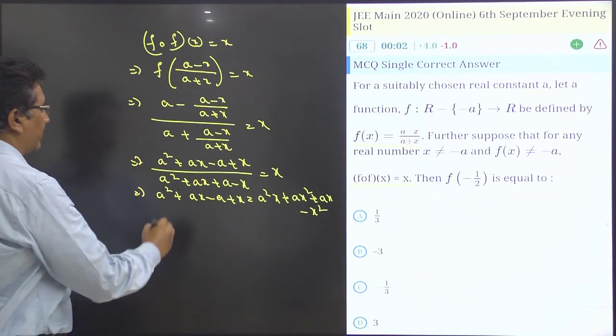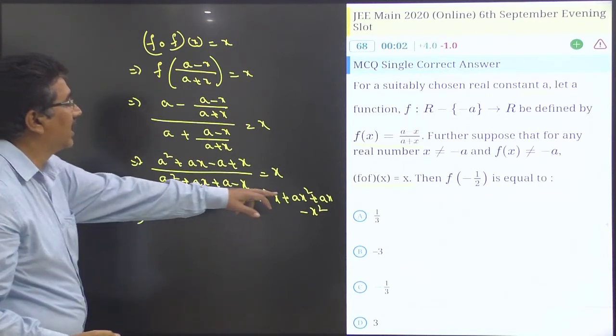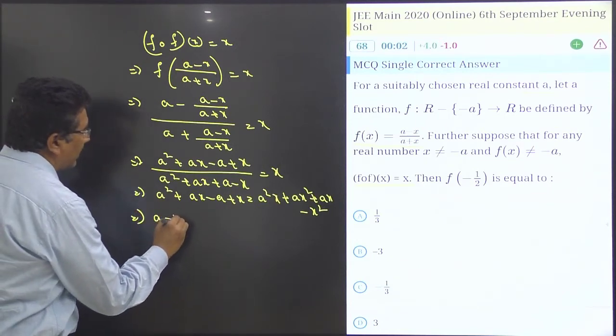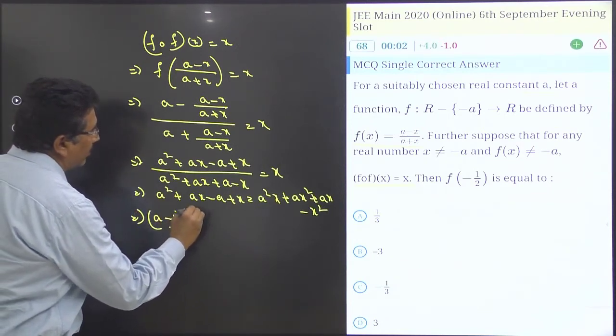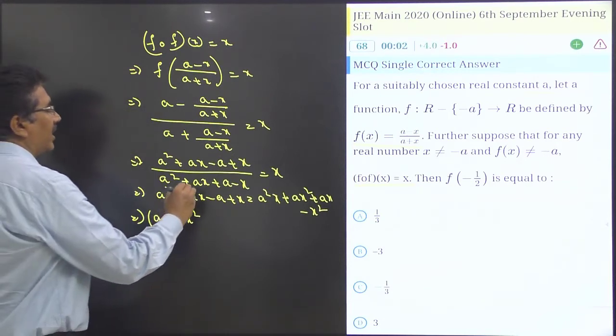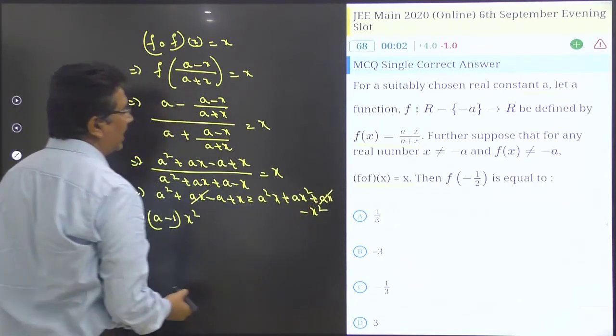Right, that implies take x square here, (a minus 1) into x square. Now take x as common. Here ax gets cancelled.